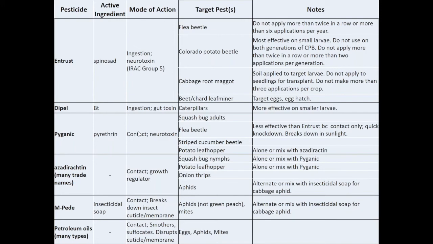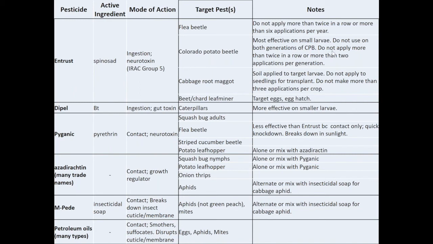Andy added that mixing insecticidal soap into other sprays can increase the control of soft-bodied insects like aphids, but it also can act as a spreader sticker, which is something I didn't really talk about, but it can be really important.